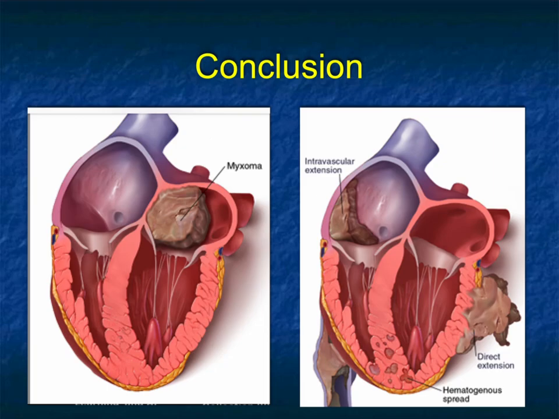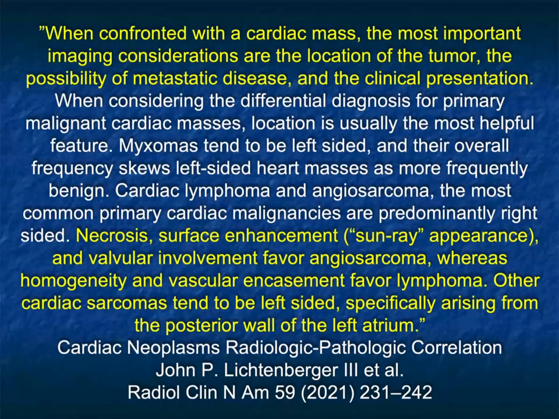So concluding then, we looked at many things. We looked at a range of cardiac tumors. We spoke about location. We spoke about primary tumors versus metastatic disease and the range of appearances. Going back to that quote from Lichtenbacher, when confronted with a cardiac mass, the most important imaging considerations are location of the tumor, possibility of metastatic disease, and the clinical presentation.